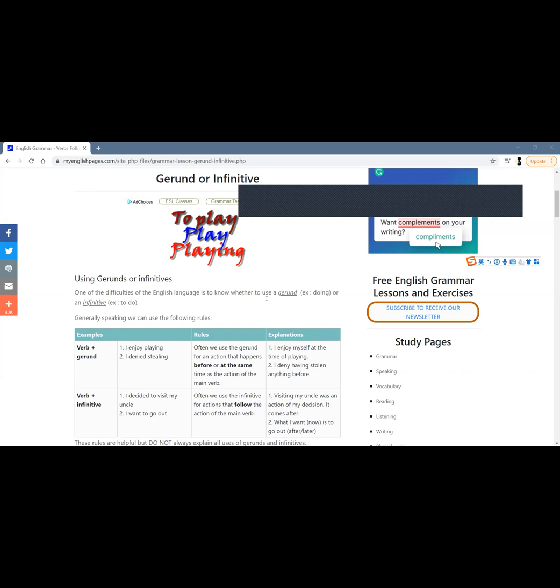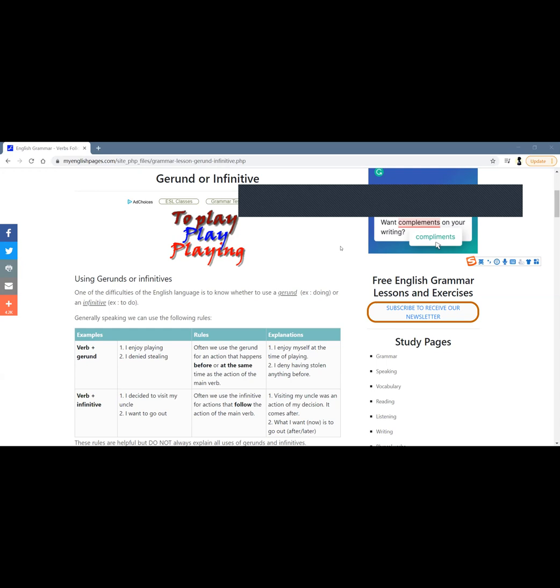You only need to add ing to a normal verb, but infinitive is basically adding to before your normal verbs, like to do.